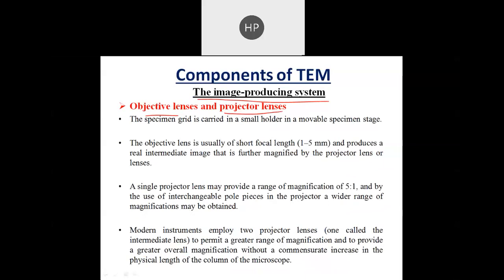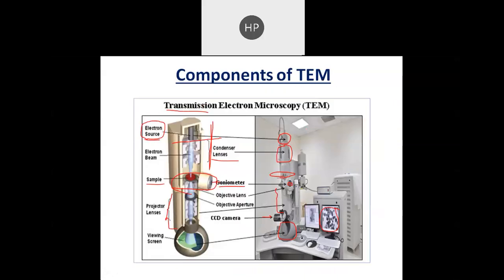The specimen grid is carried in a small holder in a movable specimen stage. Okay, so here this specimen will be fixed, it will be put on a movable specimen holder so that we can adjust the specimen according to the location of the concentrated beam.